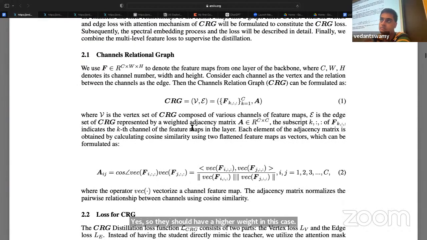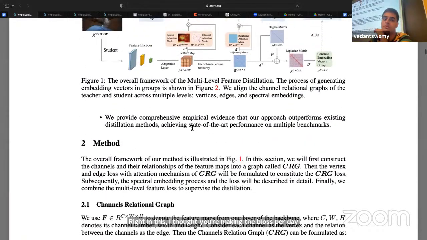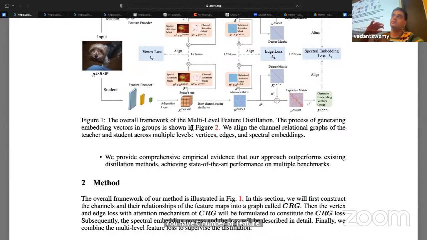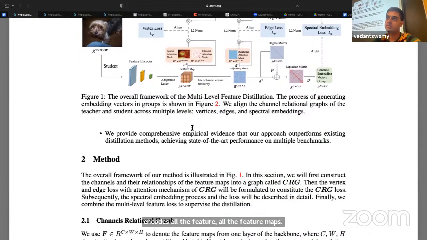But I thought you're making the graphs per layer, right? So for a particular layer, you have C number of feature maps, right? No, the graph is not per layer. The graph encodes all the feature maps of all the layers.